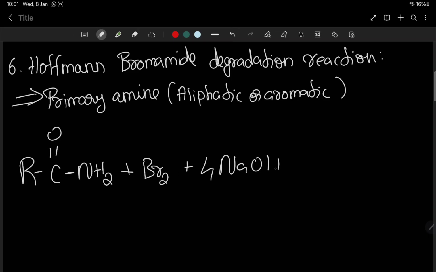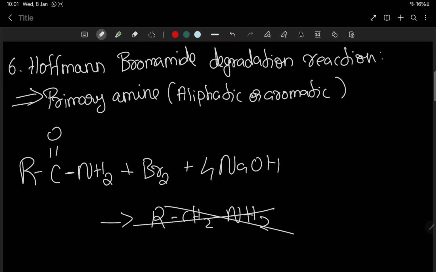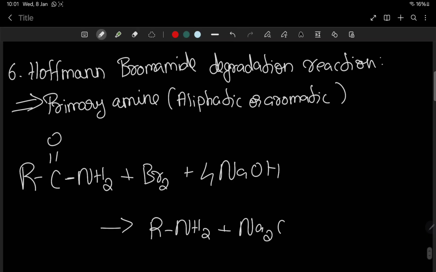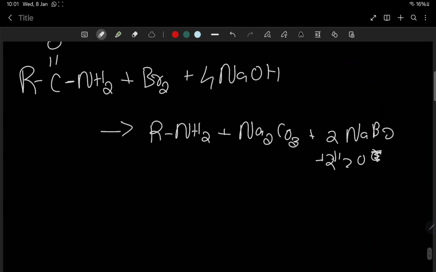The thing is that we are getting one carbon less, not RCH2NH2. This is not the compound we get. We only get RNH2 plus Na2CO3 plus 2 NaBr plus 2 H2O.